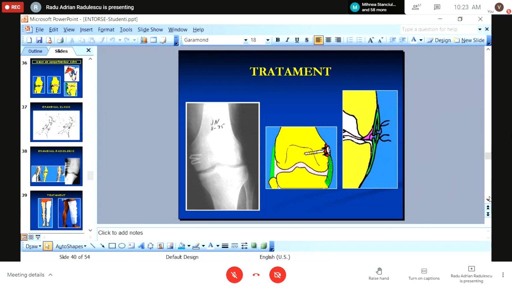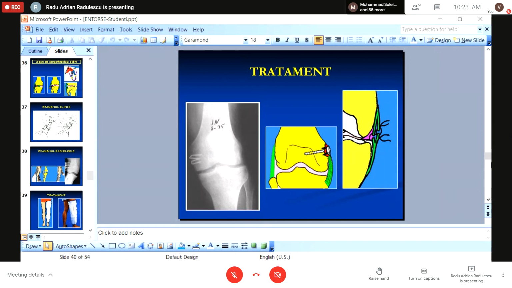If those lesions must be operated, then we are obliged to operate the medial collateral ligament too. Because, like I said, the conservative treatment is valid only in isolated lesions of the medial collateral ligament.